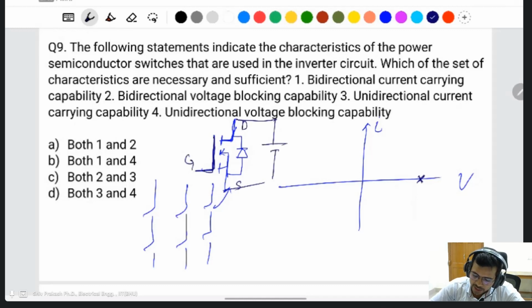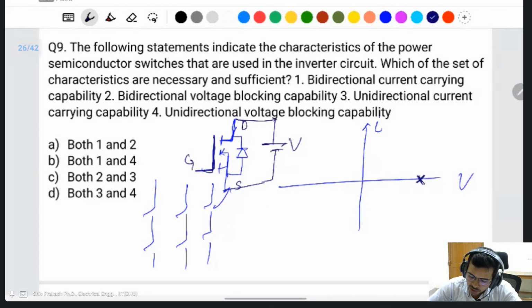Then the voltage is blocked till the gate pulse is applied. If you give the gate voltage, then it will turn on and work like a short circuit. But when the gate pulse is not applied, the voltage will be blocked. And this is the voltage blocking capability in one direction.